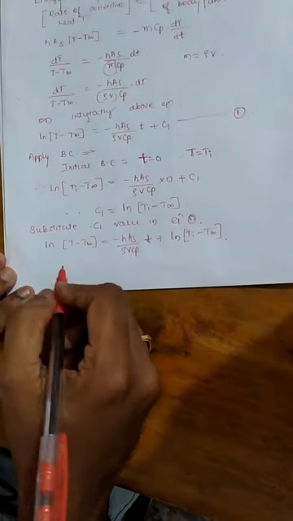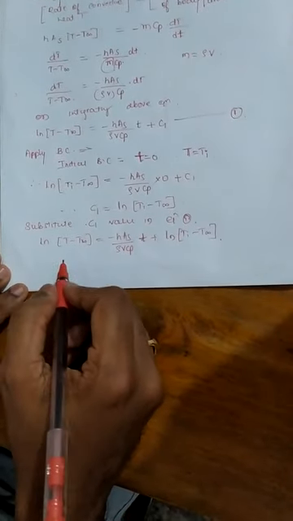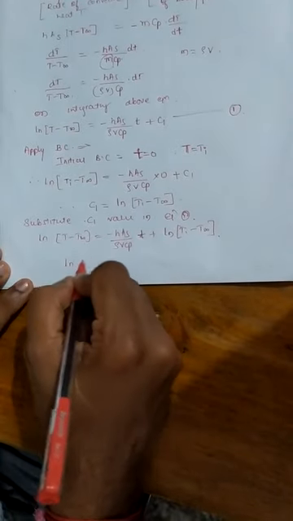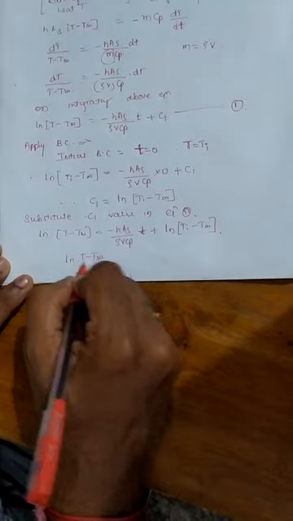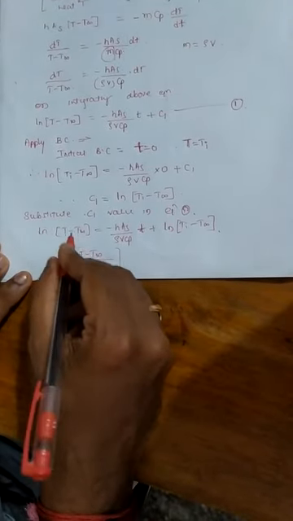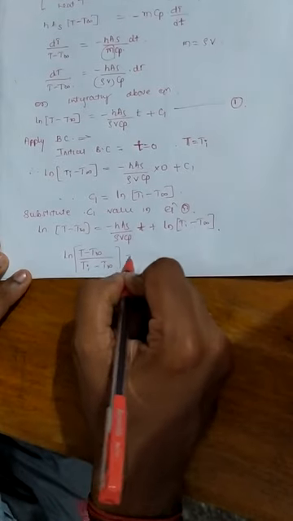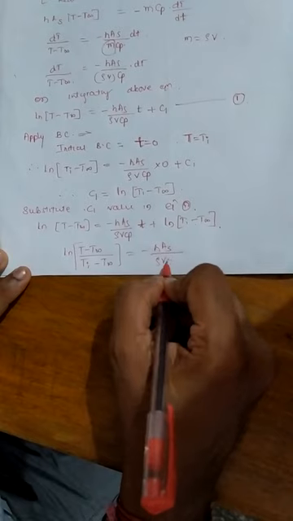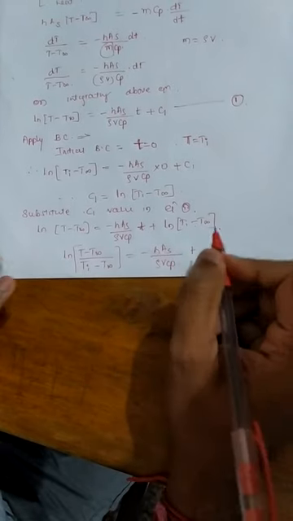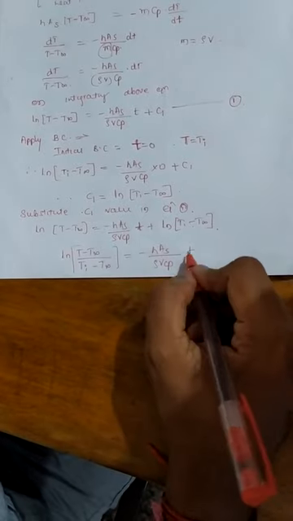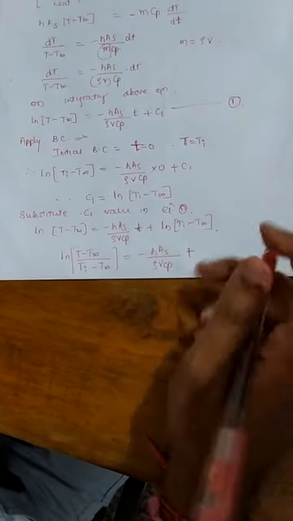So ln of (T minus T infinity) divided by (Ti minus T infinity) is equal to minus h into As divided by rho V Cp into t.